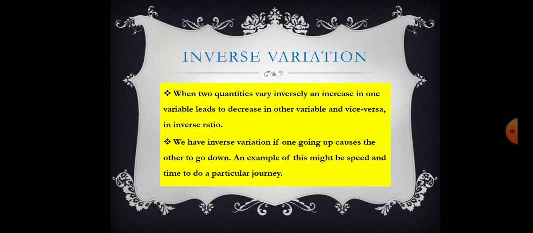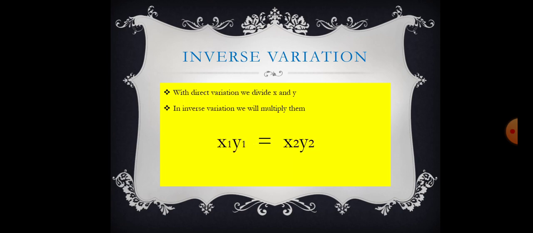Now inverse variation. When two quantities vary inversely, it means if one variable is increasing, the second is decreasing, or vice versa. If one is decreasing, then the second is increasing. Opposite variation is going on here. That will be the inverse variation.